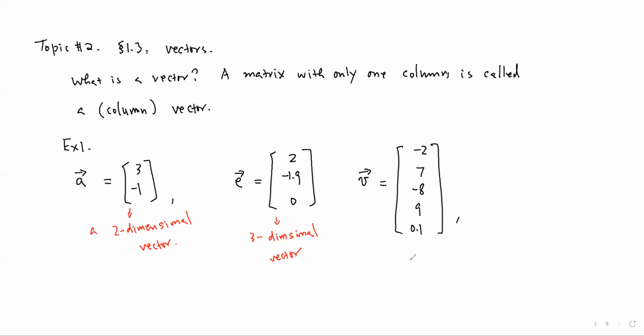And one more, say 0, 0, 0, 0, 0. This is a 5-dimensional vector, and because all the entries are 0, we call it a 0 vector. Usually the notation is 0 with an arrow on the top. 0 vector.